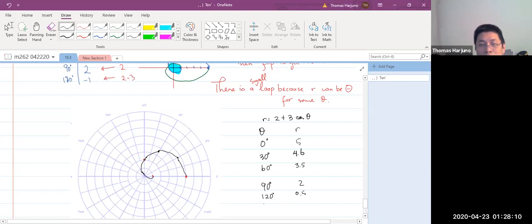Let's see, what is r when theta is 150 degrees? Negative 0.6.